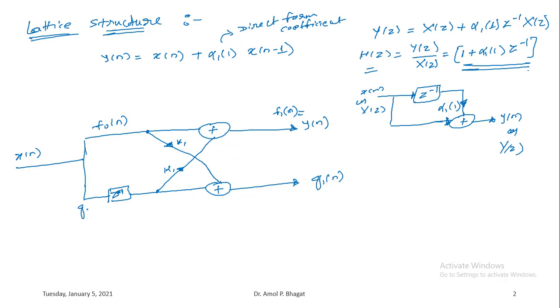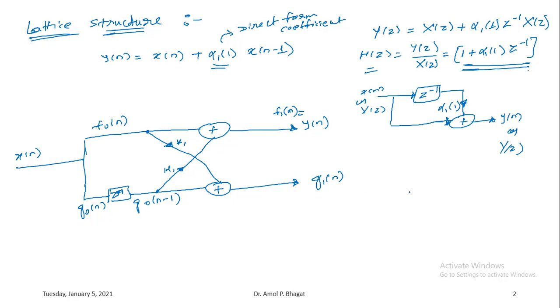Here this input can be represented as g0 of n, which is then delayed to get g0 of n minus 1, and the output here will be represented as g1 of n. So basically from this direct form equation, and by utilizing this direct form coefficient, you can identify this lattice structure coefficient, that is k1.